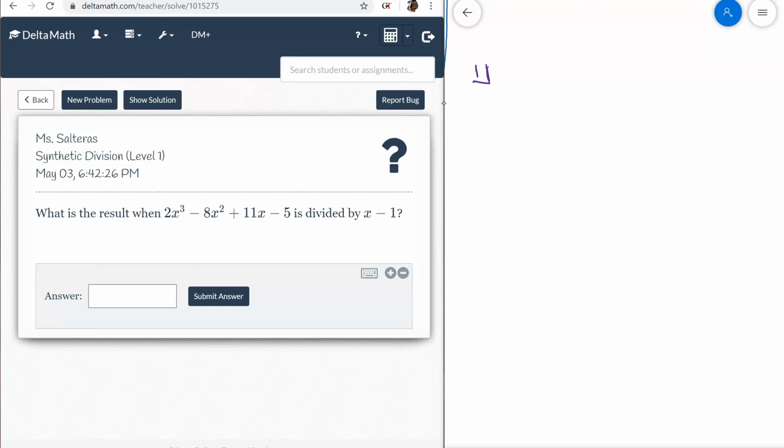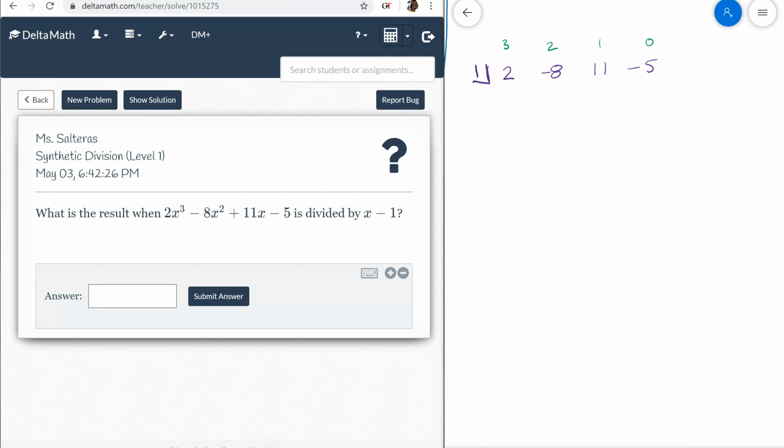Again, highest exponent to lowest, you're just taking the coefficients: 2, negative 8, 11, and negative 5. If you want to double check, you can rewrite your degrees on the top: degree 3, 2, 1, and 0. Again, if you're missing any, just put a 0 filler.